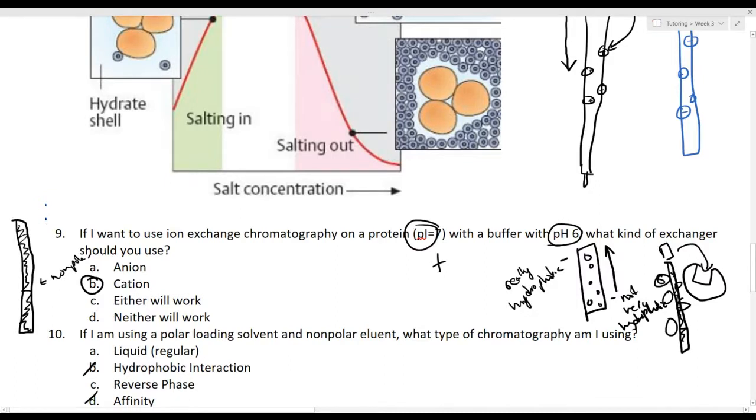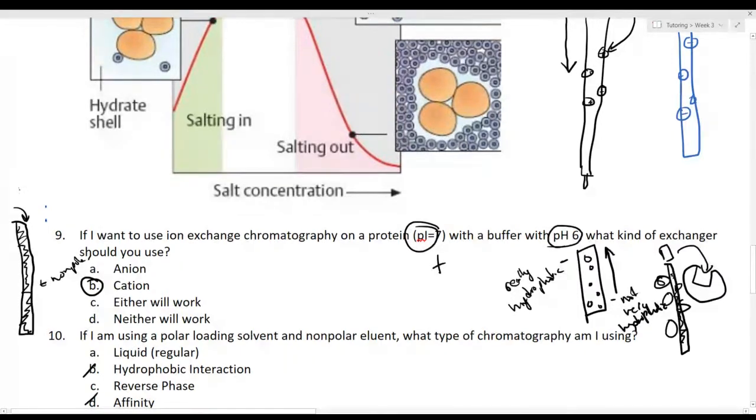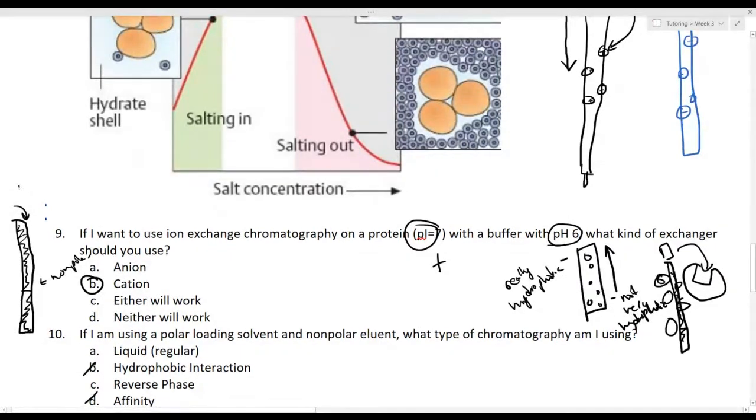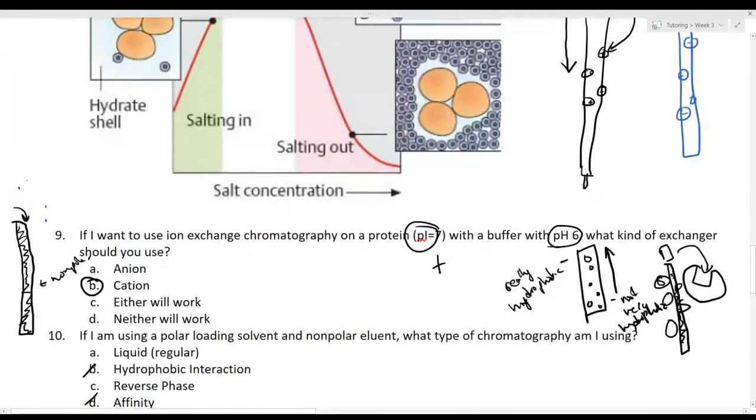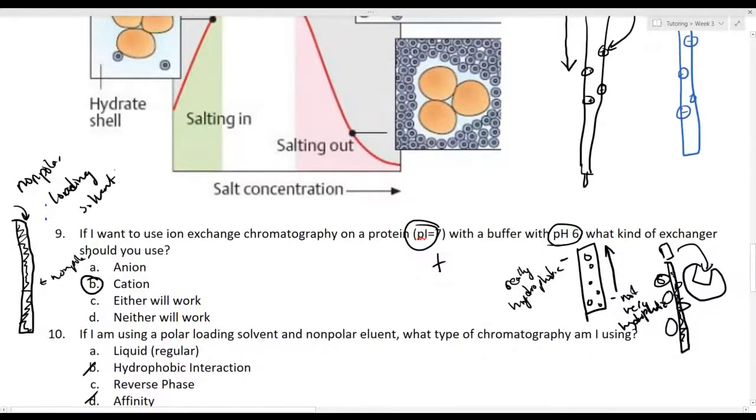So now what's going to happen is I load my protein here at the top. I also use something like chloroform or dichloromethane, something non-polar, basically. A non-polar loading solvent. So now my really, really polar stuff is not going to want to travel in this non-polar loading solvent.